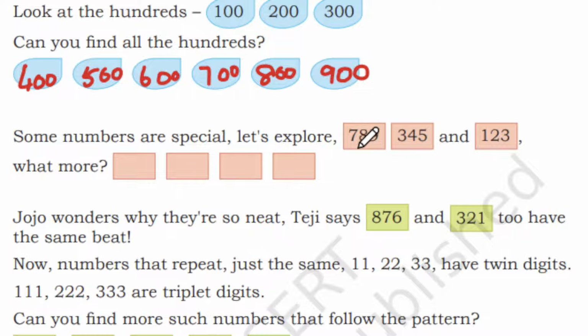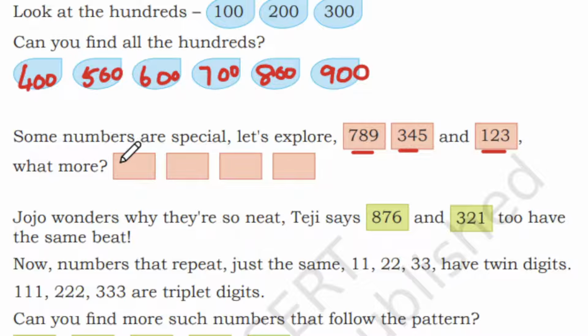If you look at these numbers, 789, 345, 123, these numbers are in sequence. If you see 7, 8, 9, 3, 4, 5, 1, 2, 3, they are special digits, right? The numbers are in a sequence. What more numbers can you write?